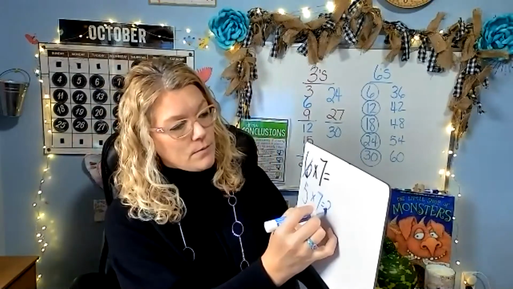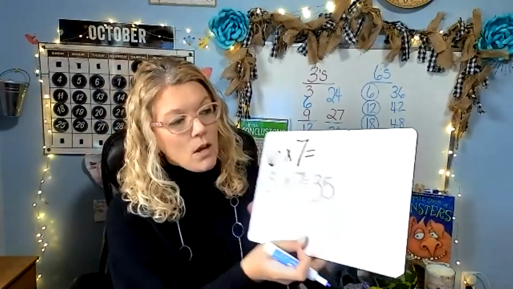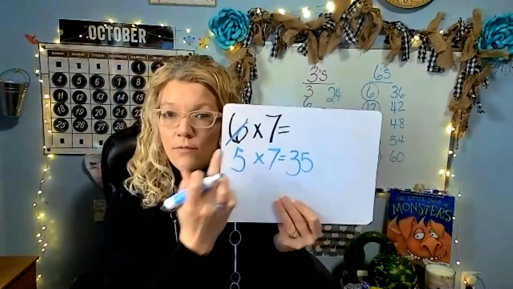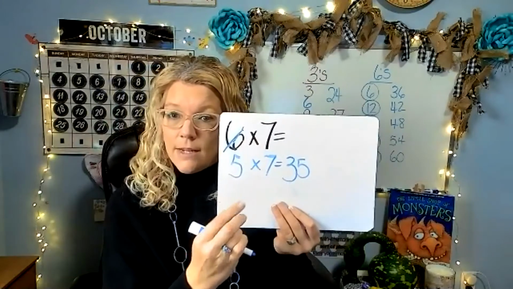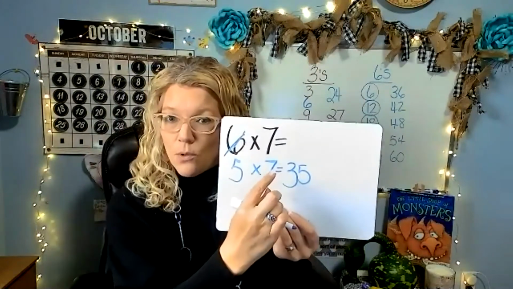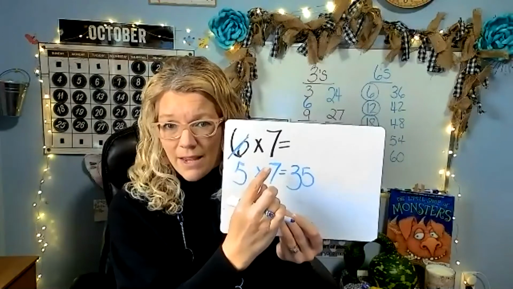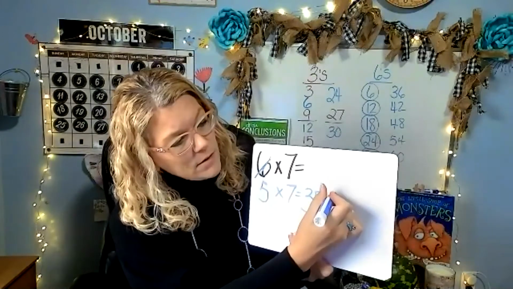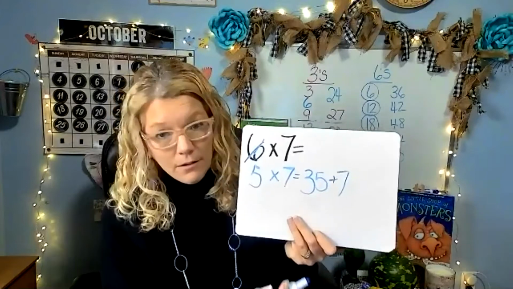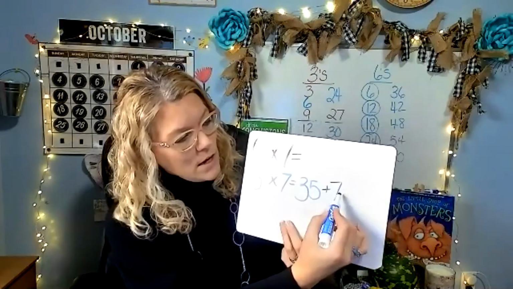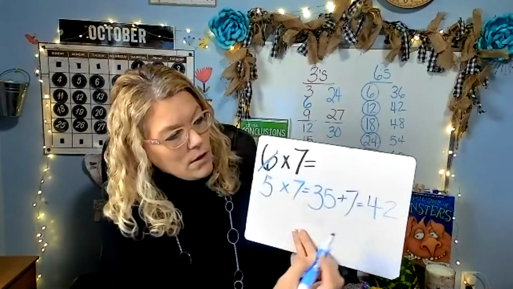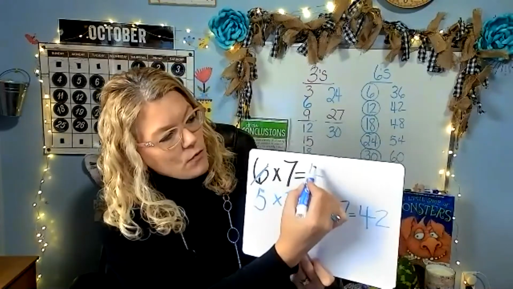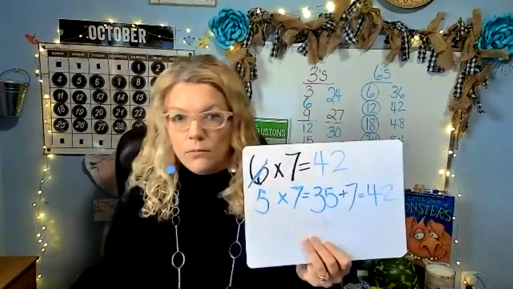I know my 5s pretty well, so I'm going to work with 5s, which would be 35. Well, I took away 1 of the 7s. So I said from 6 7s, now I have 5 7s. Well, guess what? I have to add that 7 back, so that it's 6 7s, and I would get 42. So 6 times 7 is 42.